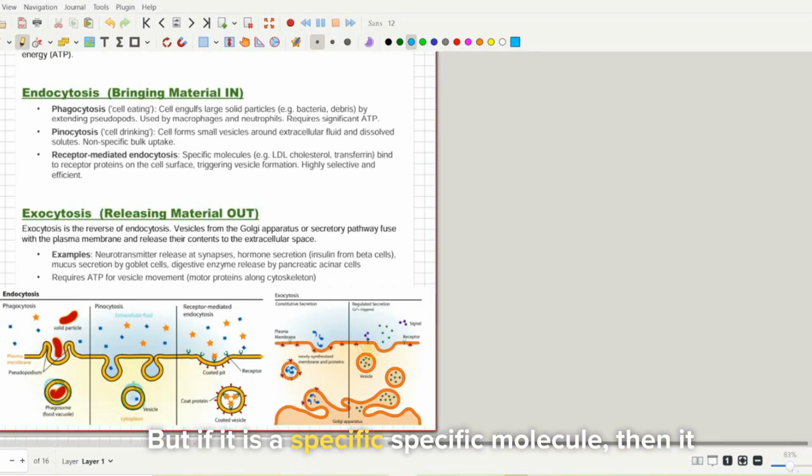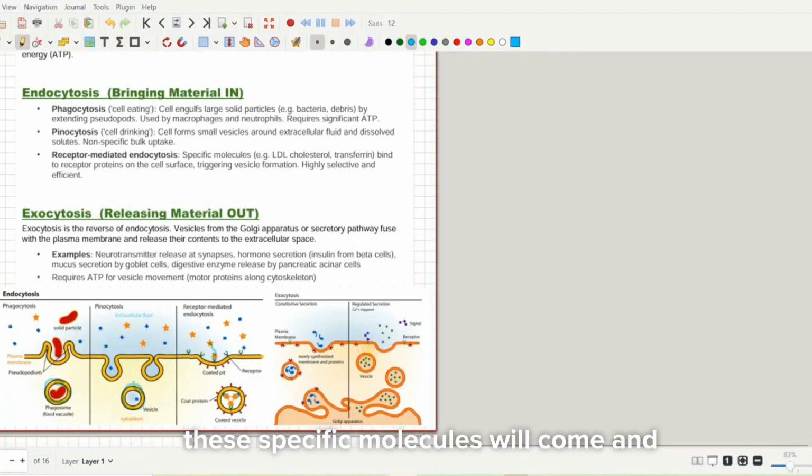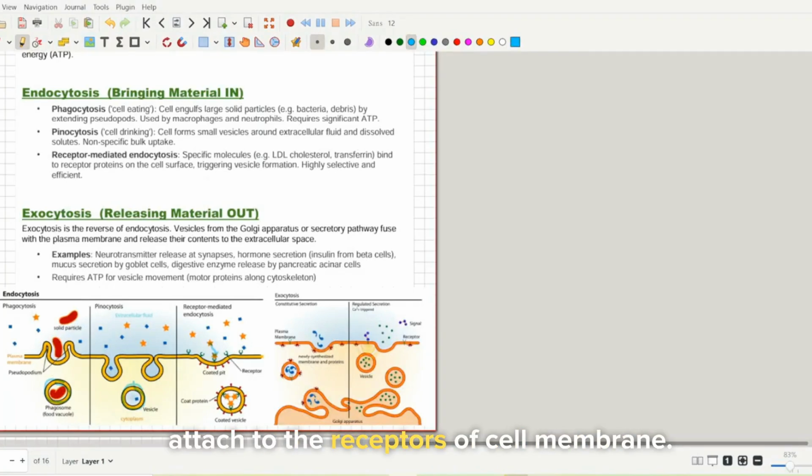But if it is a specific molecule, then it will release specific molecules, and these specific molecules will come and attach to the receptors of the cell membrane, and the cell membrane will form a specific coated vesicle for that specific molecule, and this is called receptor mediated endocytosis. Receptor mediated endocytosis is actually really rare.